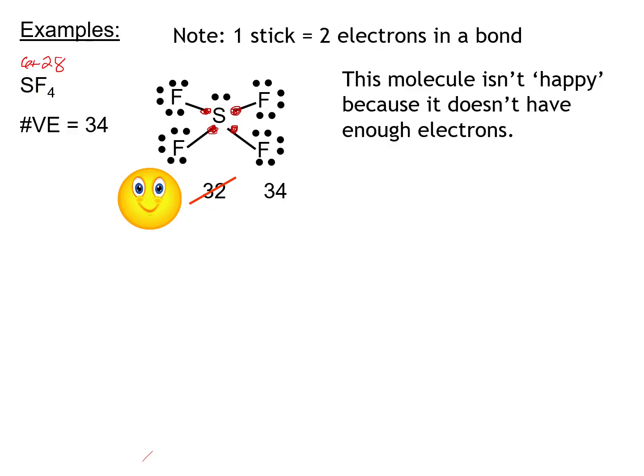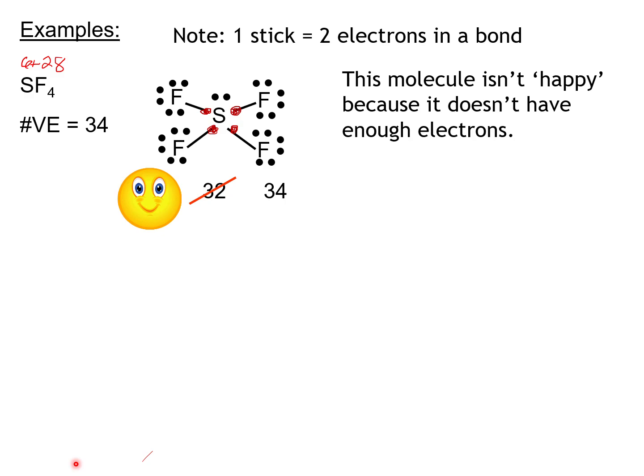We got 1, 2, 3, 4, 5, 6. So sulfur still has 6 electrons around it. Actually, this is one way to tell if you have a stable Lewis structure. So this would be the optimal structure for SF4.